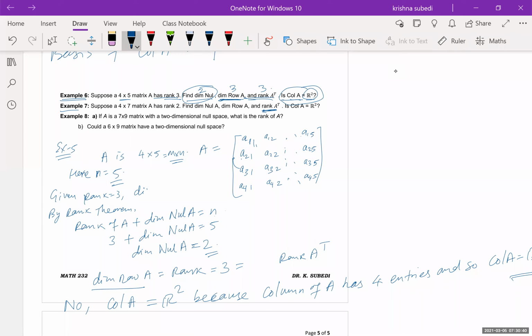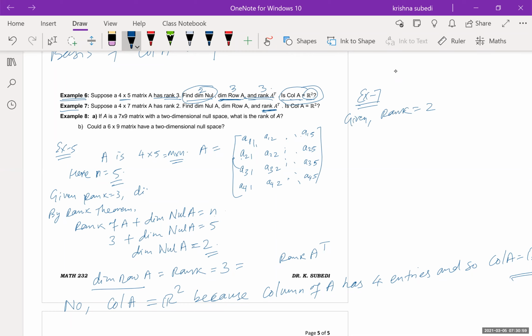So I want you to try example 7 by yourself. Suppose a 4 by 7 matrix A has rank 2. In example 7, a rank is given, 2.